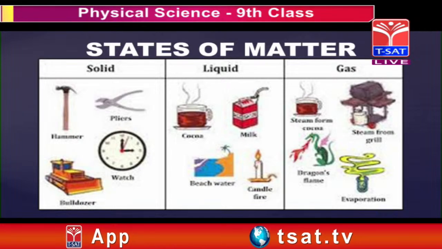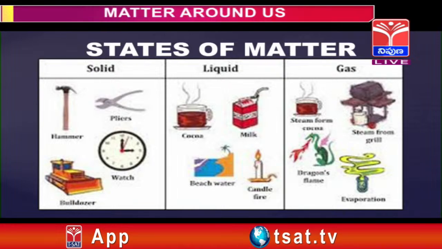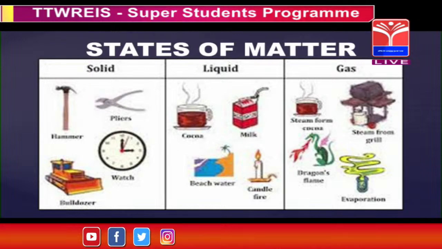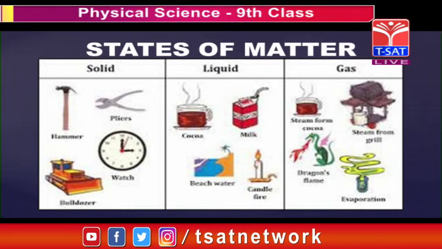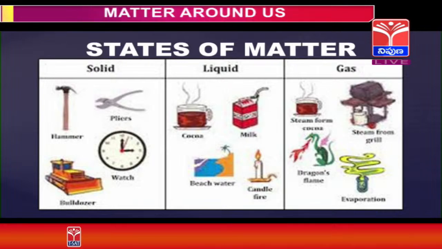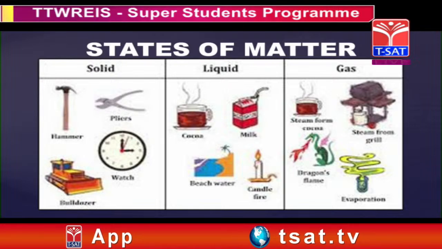These come under the examples of solids. In liquids we can observe petrol, diesel, milk, water, juice. These are the examples of liquids. When coming to gases, oxygen, carbon dioxide, air are the best examples of gases.